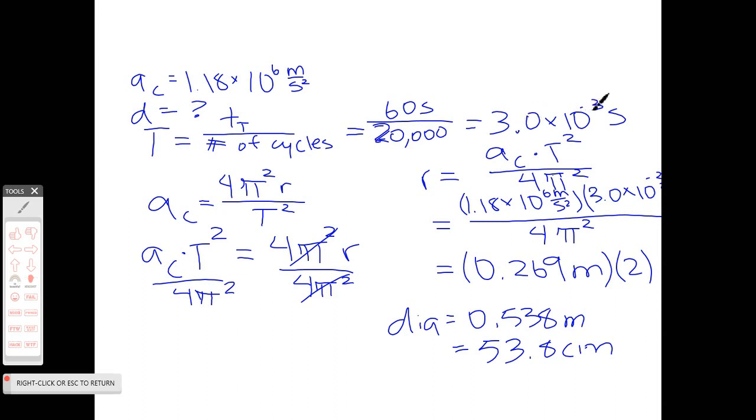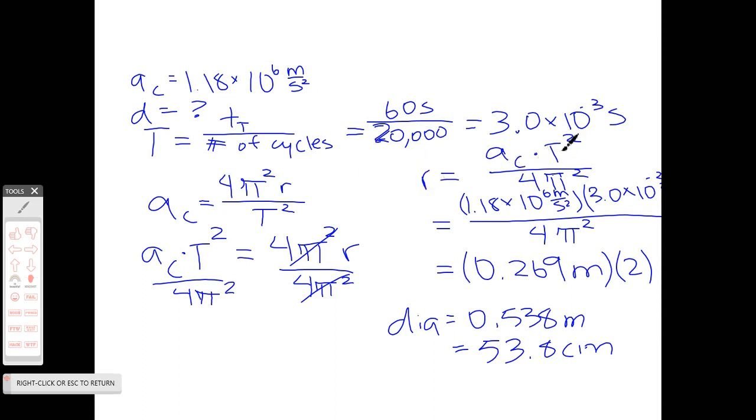Starting with our formula here, we're going to rearrange this to solve for r. So we're going to divide both sides by 4 pi squared and multiply both sides by t squared. And we are left with radius is equal to centripetal acceleration times t squared divided by 4 pi squared.